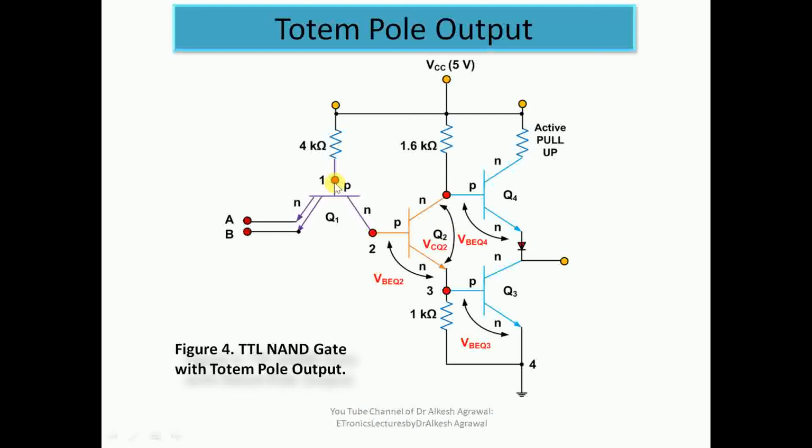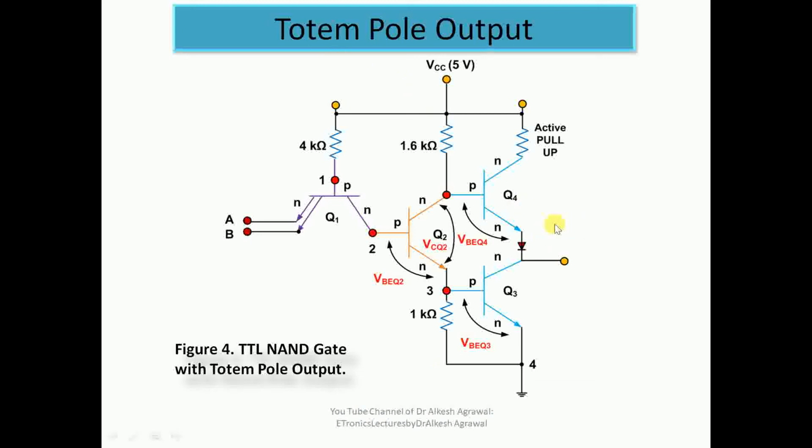For that, the potential at this point is sufficient to overcome VBE of Q1, VBE Q2 and VBE Q3. And for the output to be high, Q2 and Q3 should be in cutoff mode. In that case, the potential at this point will be raised up, and Q4 and the diode will be operative, so that this output will be pulled up by the supply. So in brief, you should remember how this totem pole output works.